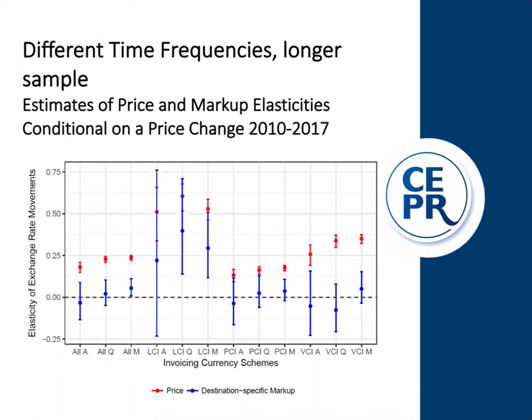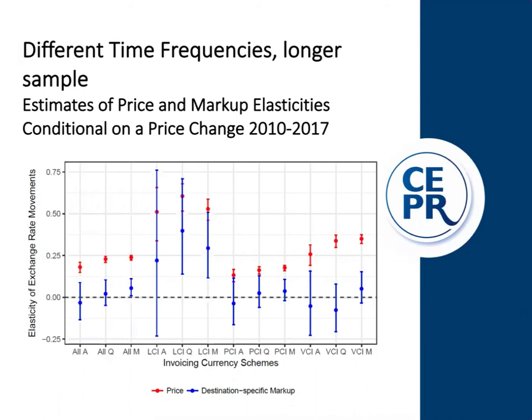What we see is that when firms are using the currency of foreign destinations for their invoicing, they're engaging in much more pricing to market. That's important because it means that the price in the foreign destination is quite stable in terms of local currency. And what that means is that there's going to be less inflation passed through from exchange rate movements.